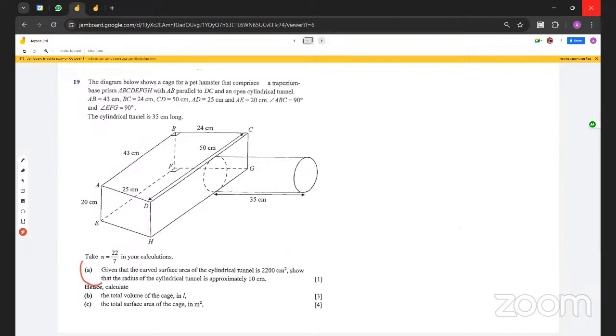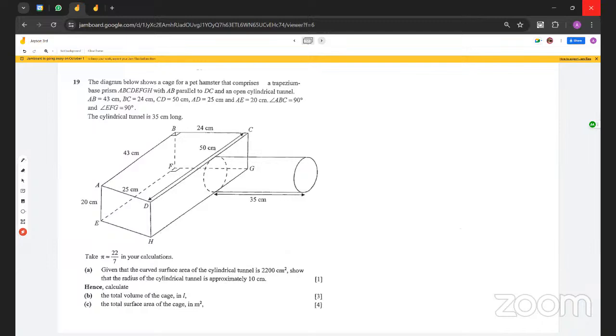And then this part A, why is this for 1 mark? Show that the radius of the cylinder tunnel is approximately 10 centimeter. Let's say you don't understand what A is. Frankly speaking, it doesn't matter, it's 1 mark. A tells you that the radius is 10 centimeter. He's being very kind.